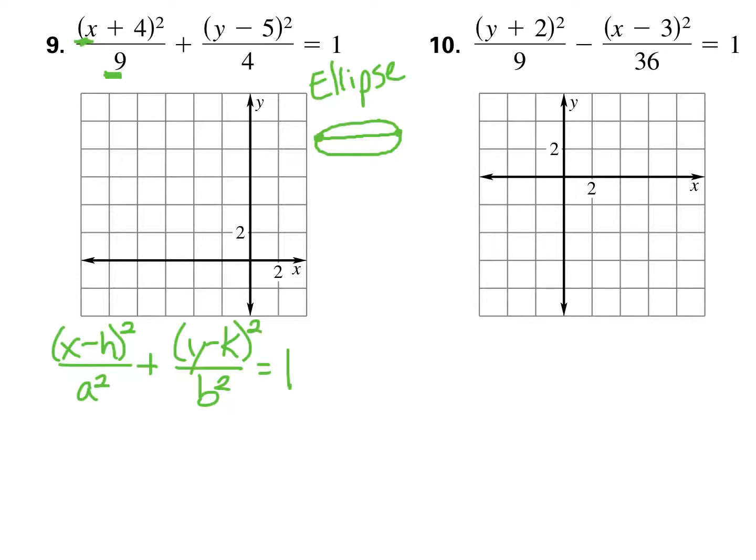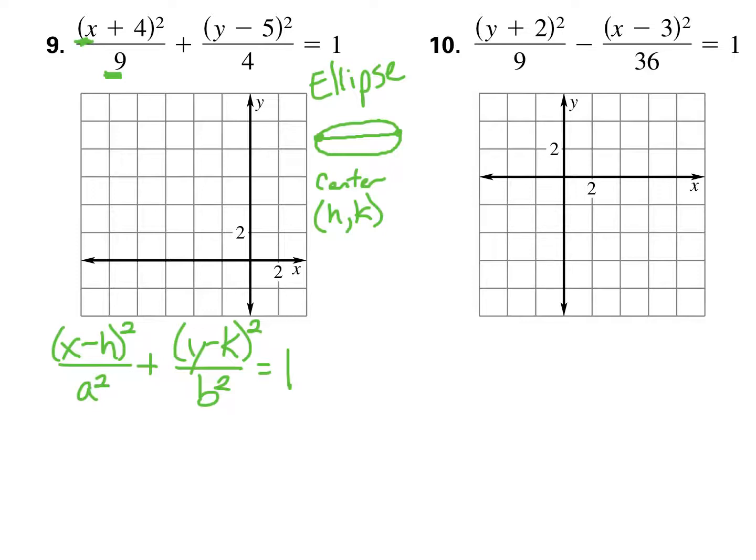Okay, we can find the center just like we've been finding the center of our other two translated conic sections, hyperbolas and circles, using h comma k. In parabolas, h comma k represents the vertex. In the other three, h comma k represents the center.